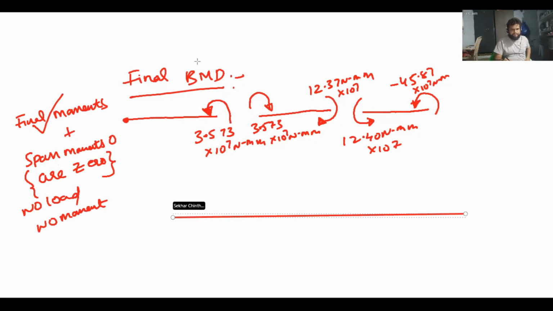So the first one is 0. At joint A it is 0. At joint B it is pushing downwards, and this is also pushing downwards, so let me also put it downwards. At joint B, this is 3.5. At joint B it is satisfied. Now at joint C, this is pushing upwards, and this is also pushing upwards.